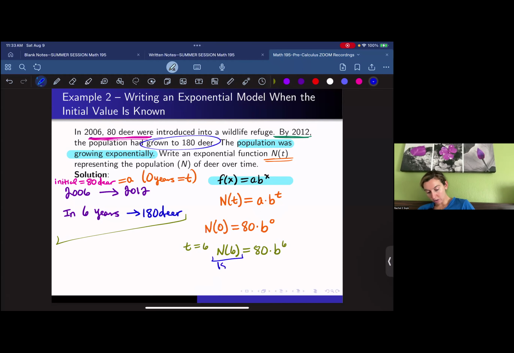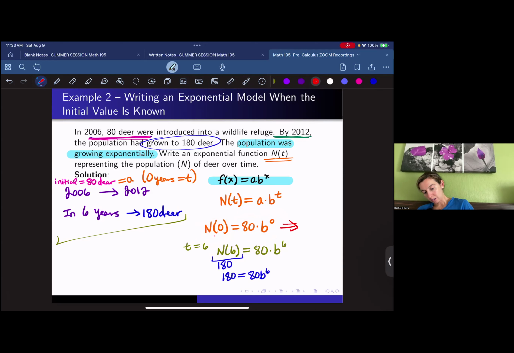So now we're in a position where we can find our b, right? We have 180 is equal to 80 b to the 6th. And if you're not convinced here, well, I guess this was just because we knew what a was from the start, right?